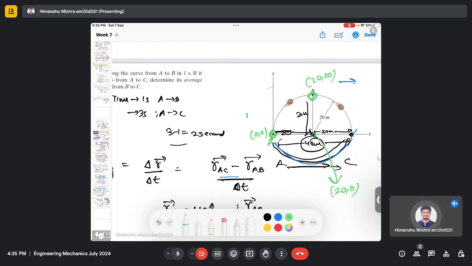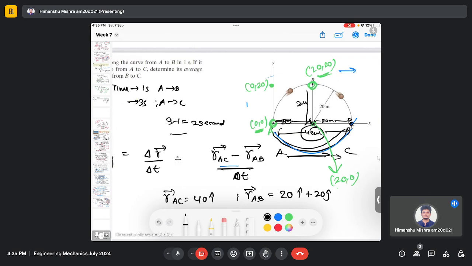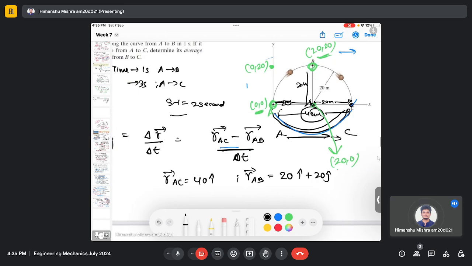Y is 0 here, but x is 20, and this is 20, 20. This is 0, 20. So the particle moves from 0, 0 to 20, 20. So its displacement vector is 20i plus 20j. It's moving positive 20 in the x direction and positive 20 in the y direction. So this is the position vector.